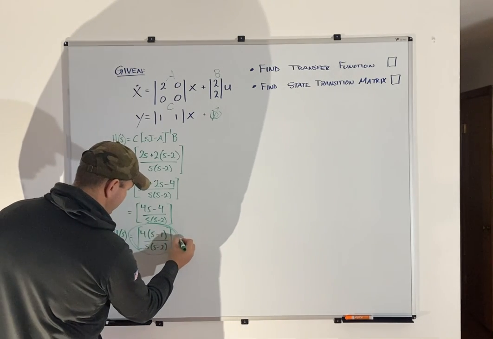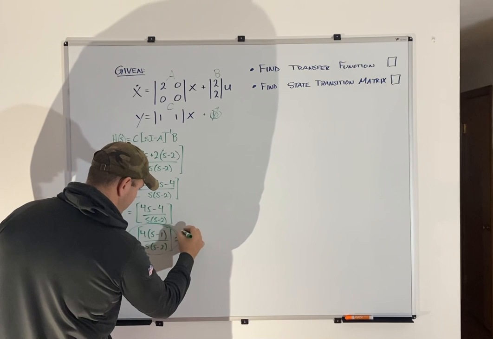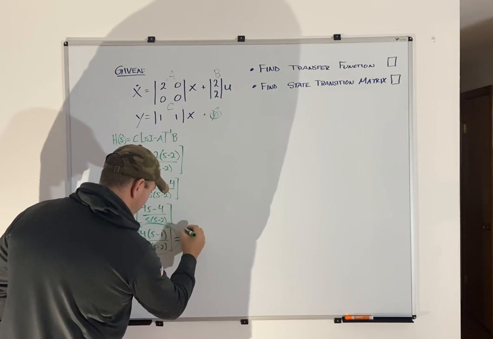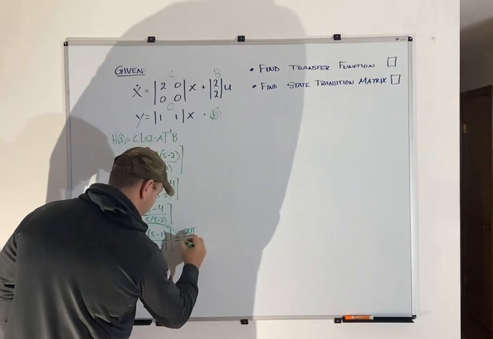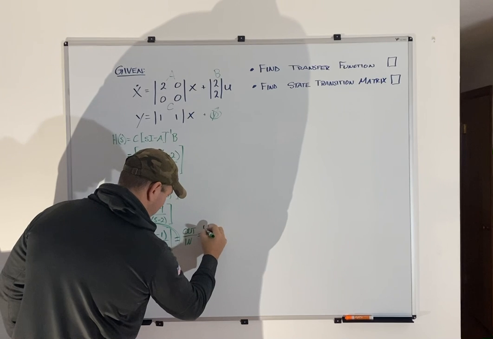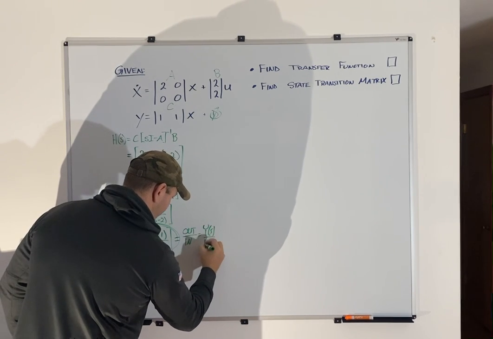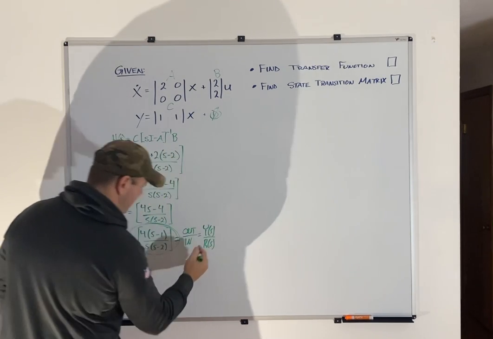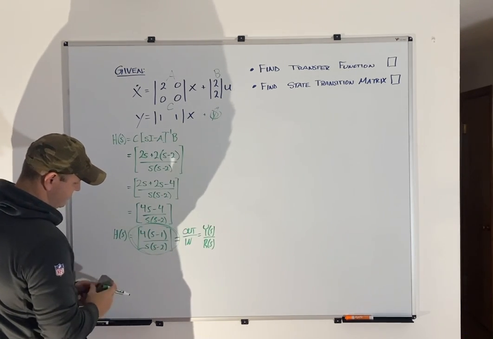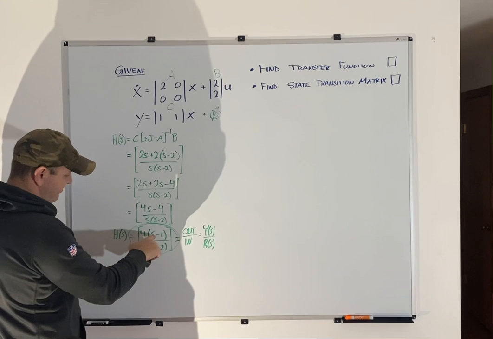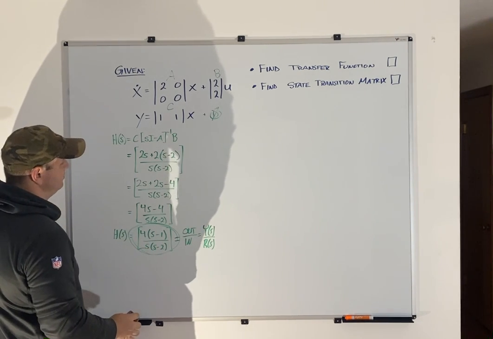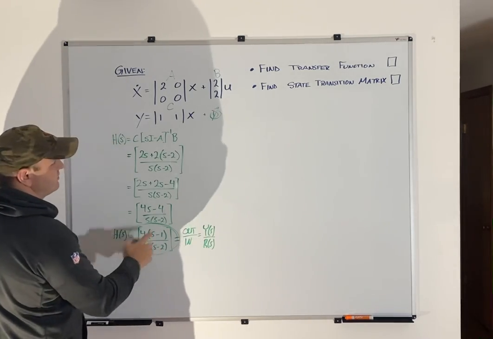Remember, your transfer function is your output divided by your input, which is usually Y of S over R of S. So Y of S is equal to this top expression, R of S is equal to the bottom expression. So you're going to have 1 zero and 2 poles. But nevertheless, transfer function solved.